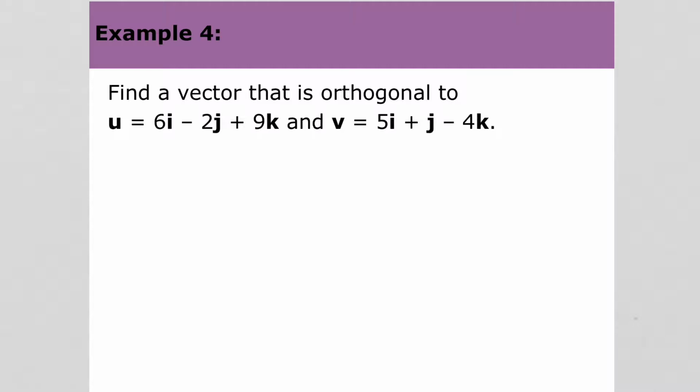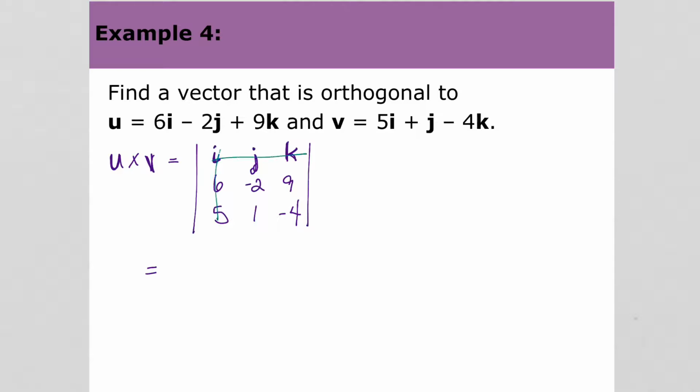So we're finding u cross v. And I'm going to do this with determinants again because I think it's easiest this way. So i, j, k across the top, then 6, -2, 9, 5, 1, -4. Okay, just looking to see if I had extra space. So cross out i.